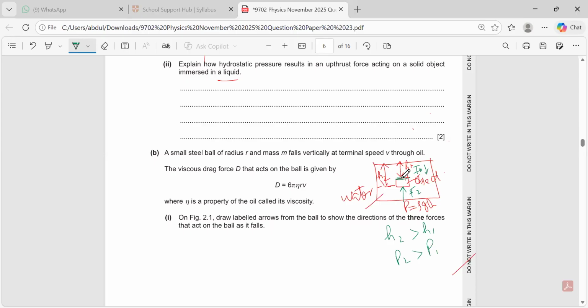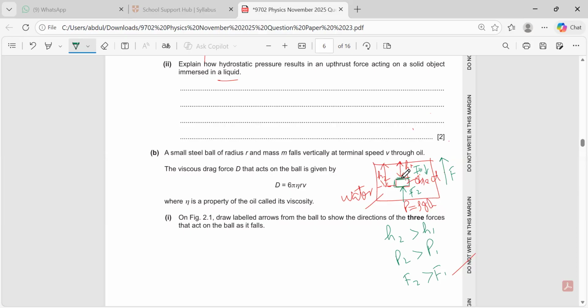Also, if the pressure P2 is more, then force F2 is greater than F1. F2 is greater, F1, which is downward, is smaller. So there will be a resultant force acting on this object upward, that is F, and this upward force is the upthrust.